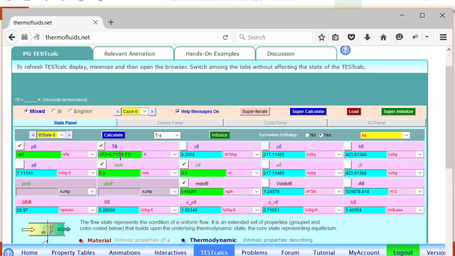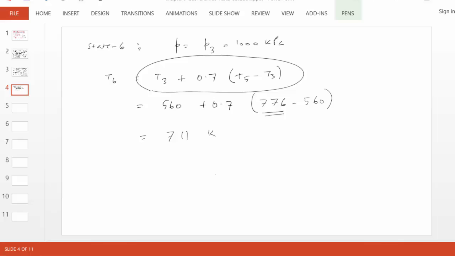And to know what T6 we calculated, park the pointer on T6, and you can see the value appears at the top panel, 720.6 Kelvin. So that seems a little bit different. Let's check the answers again.